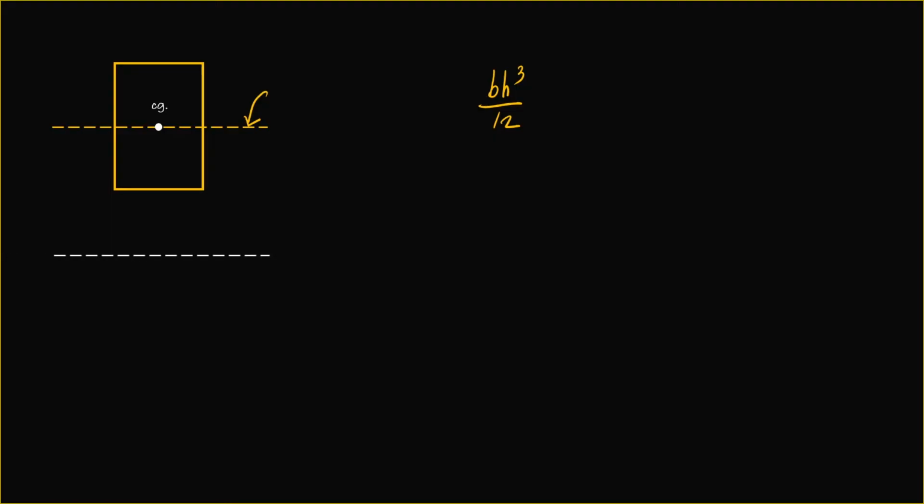Now, how about if we are talking about any other axis, but not the centroidal axis? Say, for example, this axis right here. What if you are trying to find the moment of inertia of this shape with respect to this axis? We use what we call the transfer formula: I at any axis is equal to the summation of I_NA plus AD squared.